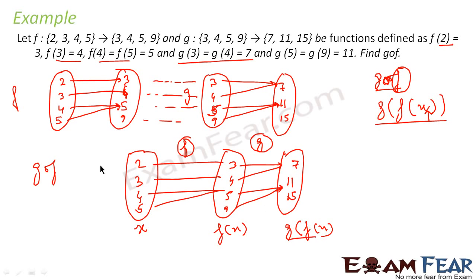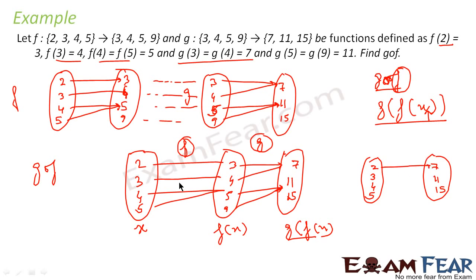Now if you view the whole system as one system, ignoring this part, you have input as 2, 3, 4, 5 only, and you have output as 7, 11, 15. Now if you give input as 2, you get 3. Again you give 3 as the input in this g function, you get output as 7.